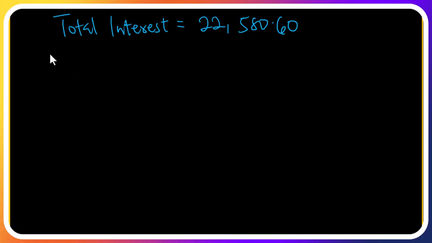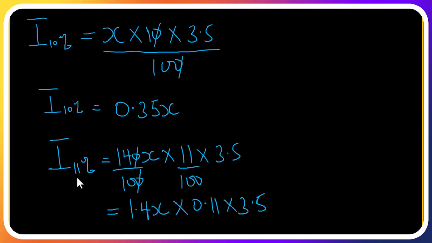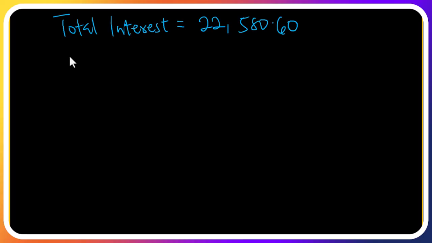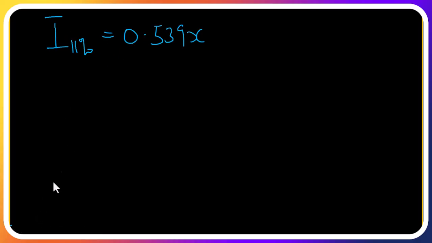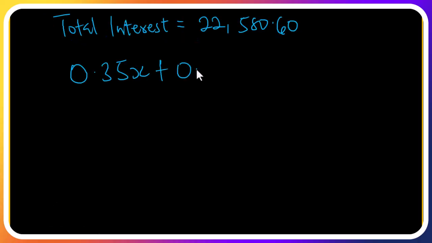Now the first investment, the 10% investment, the interest at the end of the 3.5 years was 0.35x, plus the interest of the 11% at the end of the 3.5 years, which is 0.539x, and this was the total interest, 22,580.60.